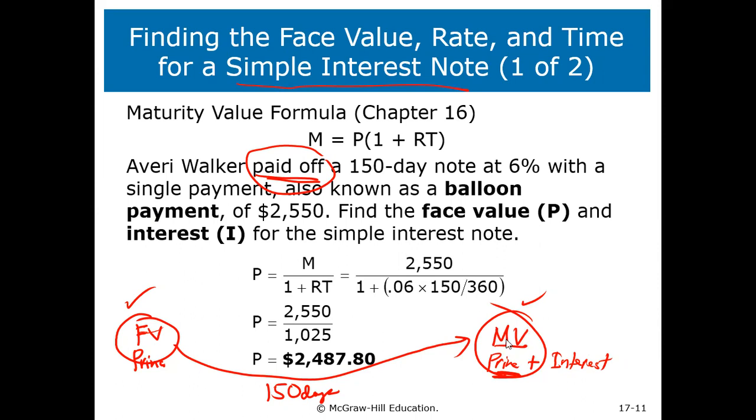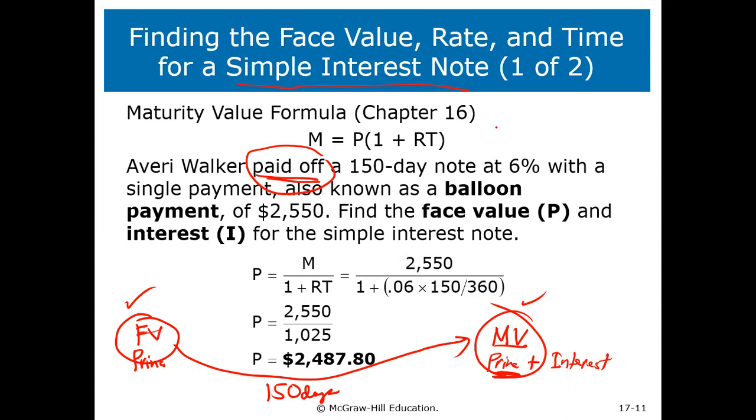All right. So what do we know here? We know now the maturity value. The maturity value is 2550. Right? So what are we asked for? We're asked for the face value and the interest. Okay. All right.